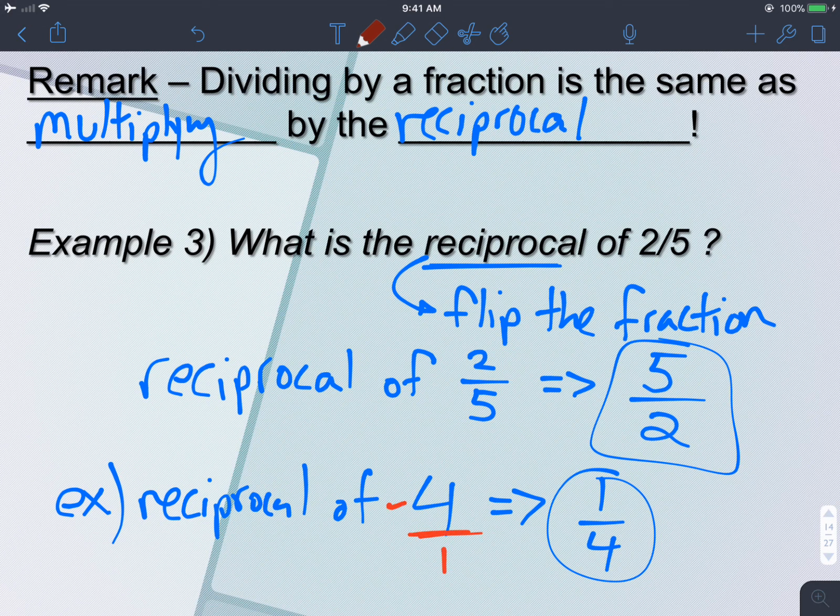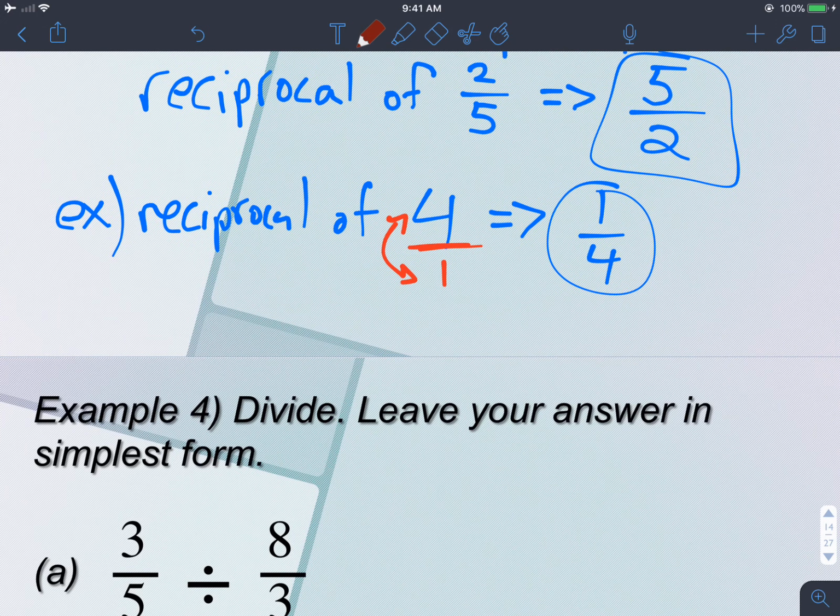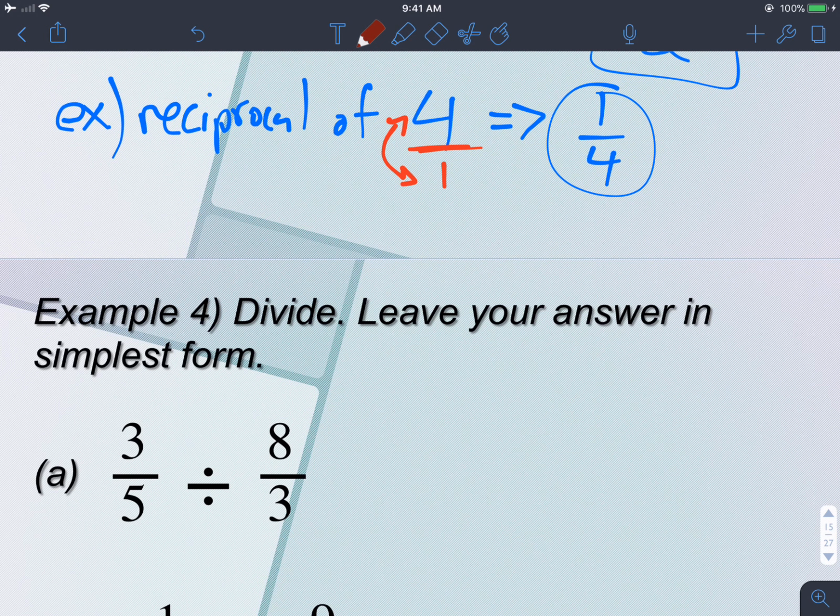So it's just flipping it. So what I will do here in order to divide fractions, dividing is the same as multiplying by the reciprocal.